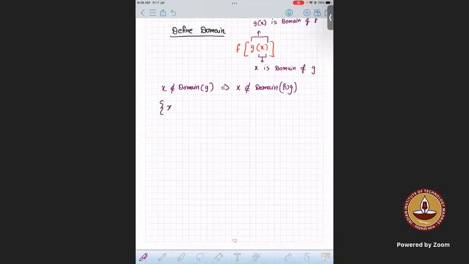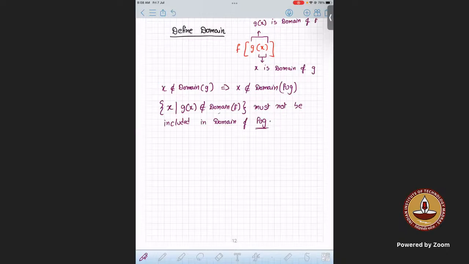The next thing is, x such that g of x does not belong to the domain of f must not be included in the domain of f o g. If g of x is not in the domain of f, then it will not be in the domain of f o g. Clear?